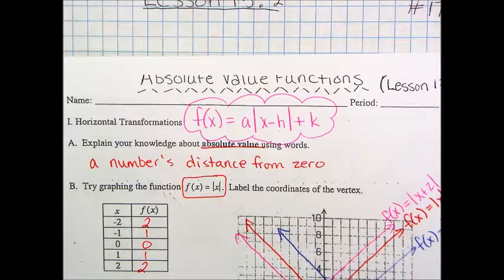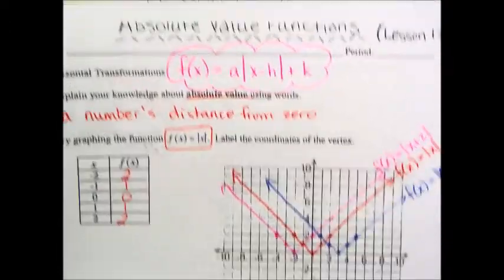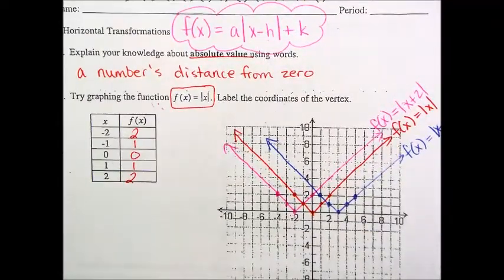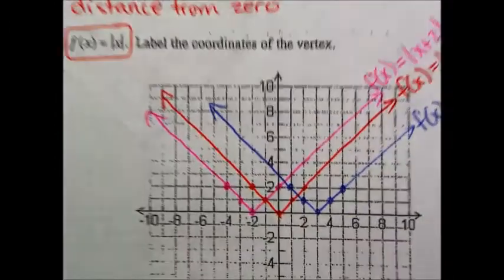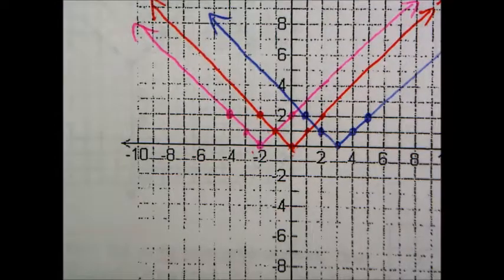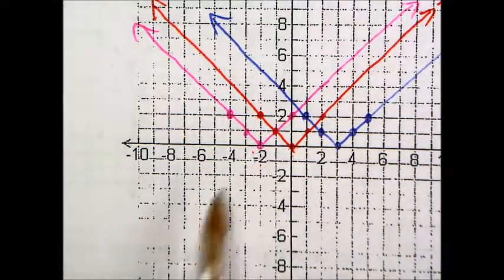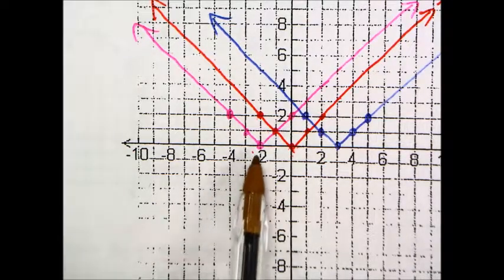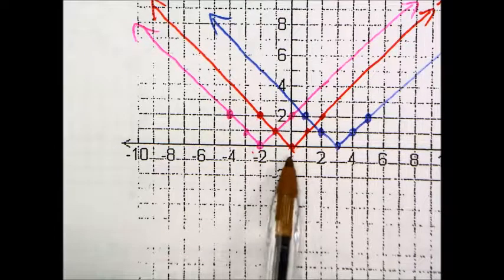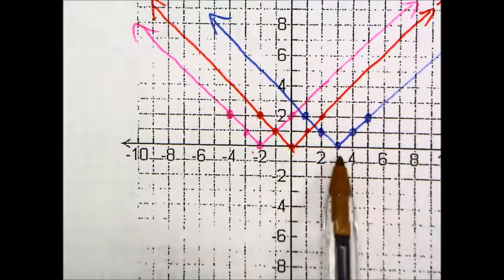When you look at every V-shaped absolute value function, they all have a vertex. So look at these with me real quick. This vertex right here is at (-2, 0), (0, 0), and (3, 0).